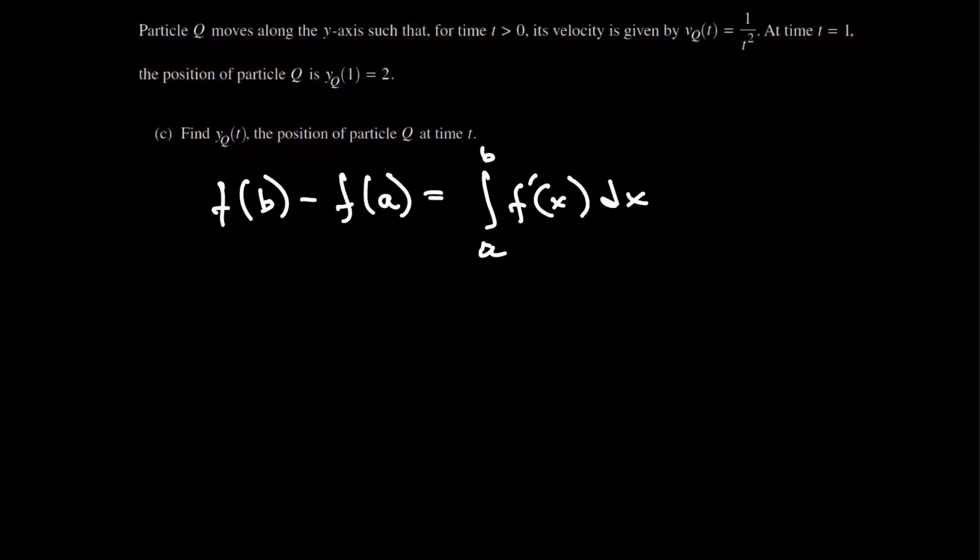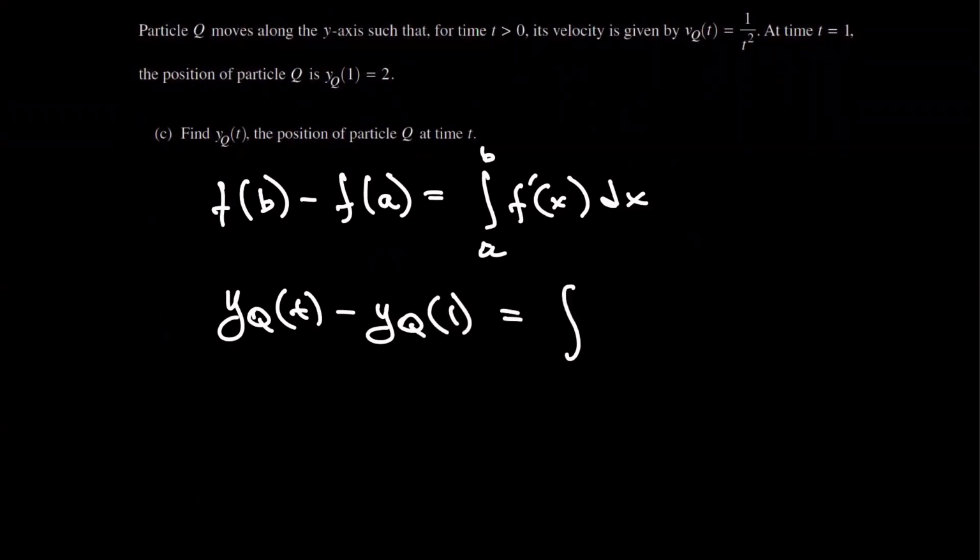In our case, y of particle Q at time t minus y at time t equals 1, for which we have the position information, is equal to the integral from 1 to t of v of s ds for particle Q.